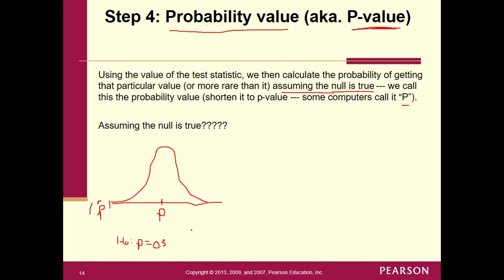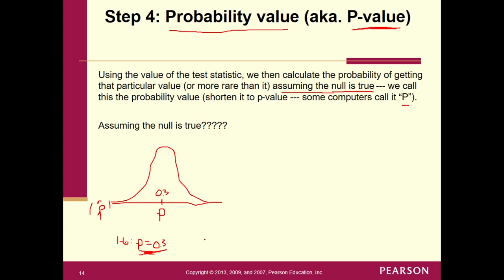For every hypothesis test, we temporarily assume the null is true. So we're temporarily setting the true population proportion P to 0.3. That means we are temporarily setting 0.3 into the middle of the sampling distribution of p hat.